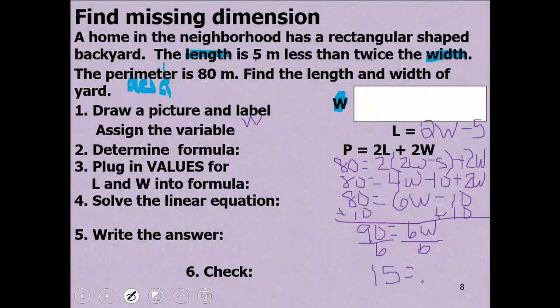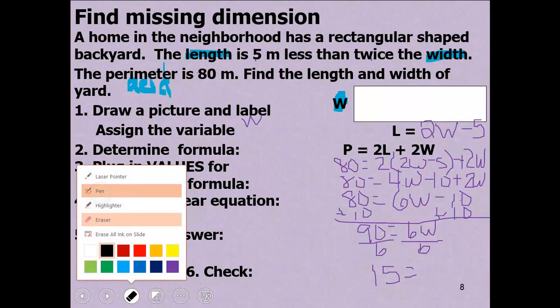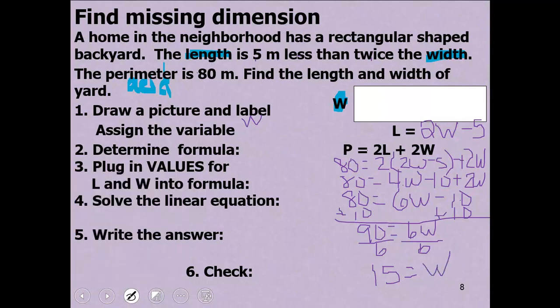So it's 15 is equal to W. Sorry, W. You're like, where did B come from? It's W. I shall erase and make that look prettier. How's that? All right, so I know that my width is 15 meters.